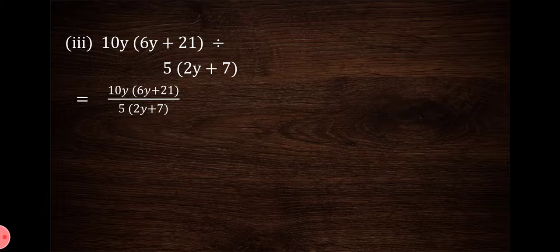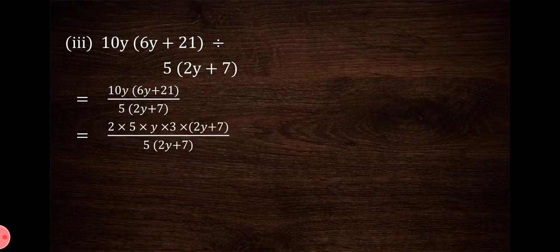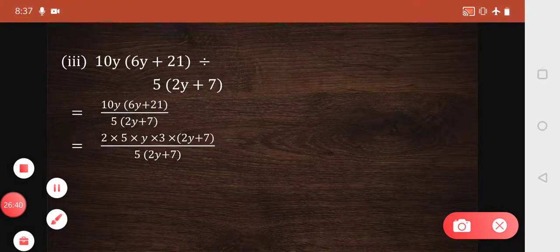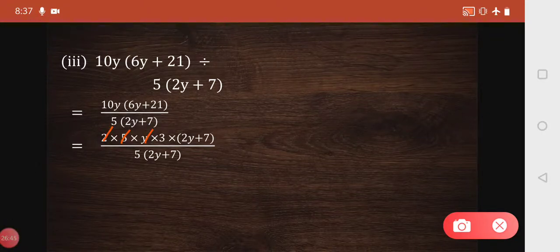Let's take out the common factors. Factors of 10 are 2 into 5, and y as it is. Now from this bracket, 6y plus 21, we have taken out 3 common, so we write multiply by 3, multiply by, after taking out common from the bracket, from 6y we are left with 2y, plus sign as it is, and from 21 again we have taken out 3 common, that is 3 7s are 21, so we are left with 7.